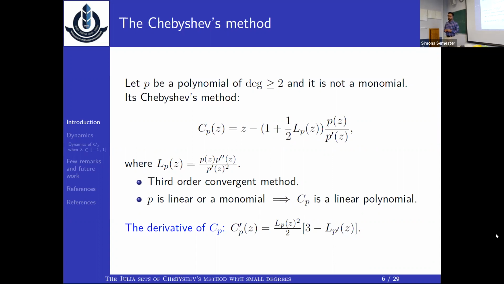Is there a geometric interpretation of why you should expect the convergence towards this point? No, actually, I will say later that there may be some points that may not converge to a root of P also. So, what's the constant point?